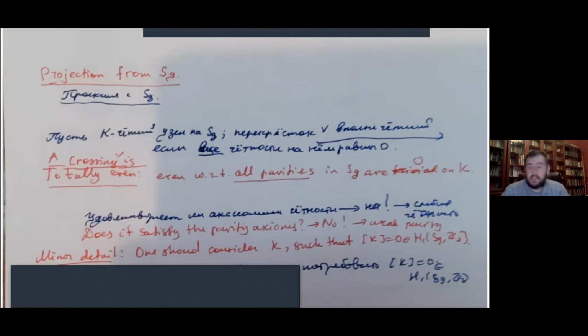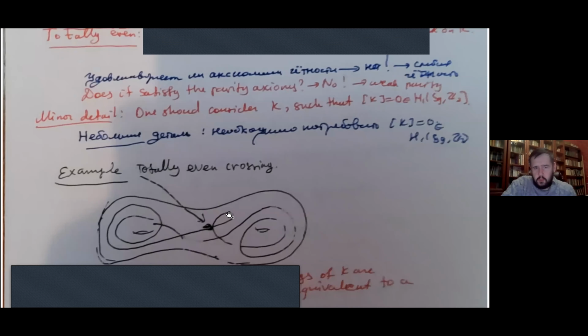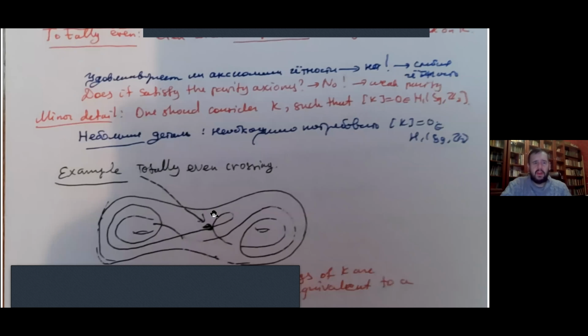So can I draw such things? Well, actually, the idea is that if something takes part in the classical Reidemeister move like that, it's just we have a loop, then it's completely even. And actually, if I draw a larger loop, then it will be also even, okay?